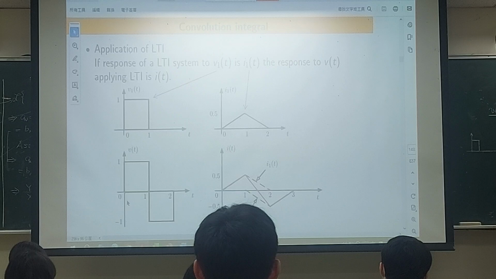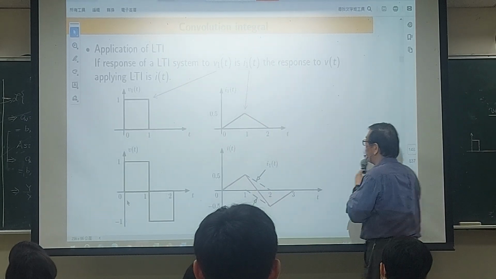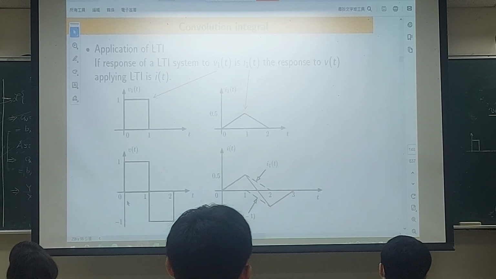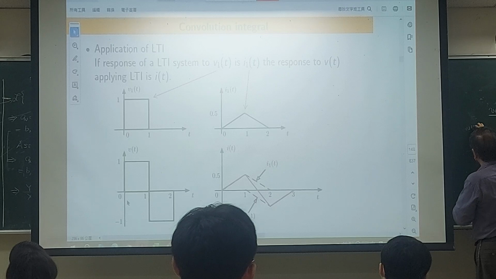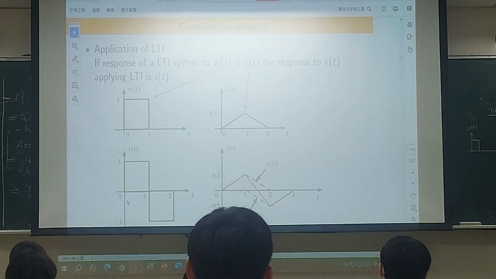And the output is a triangle. So this is the output. Right, and raise up the screen. Okay.